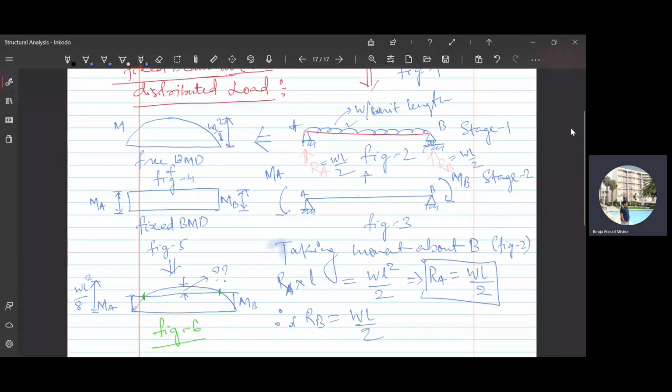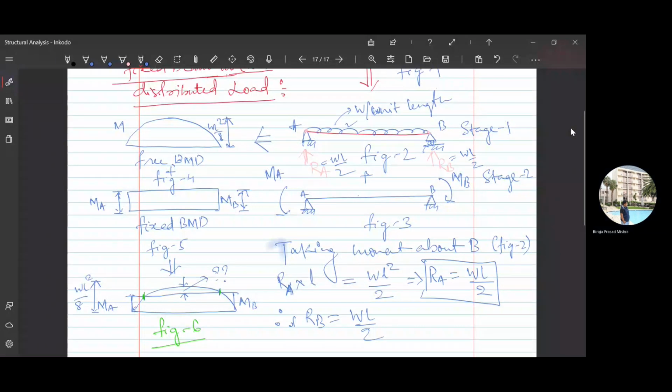Okay. And we have already learned from our previous class that the area of the fixed bending moment diagram and the area of the free bending moment diagram are equal. Okay.